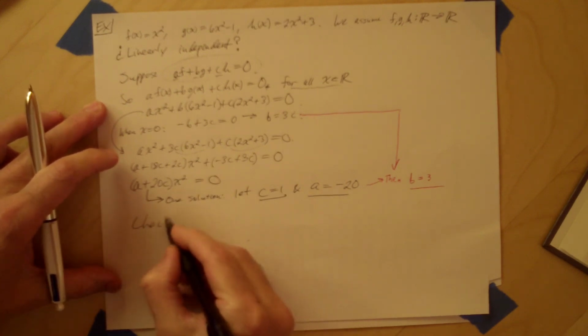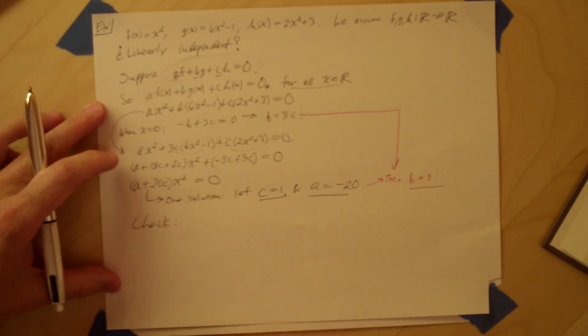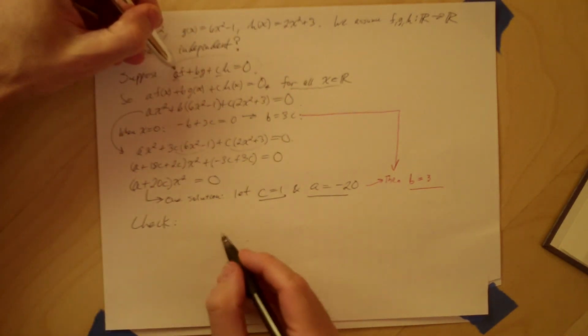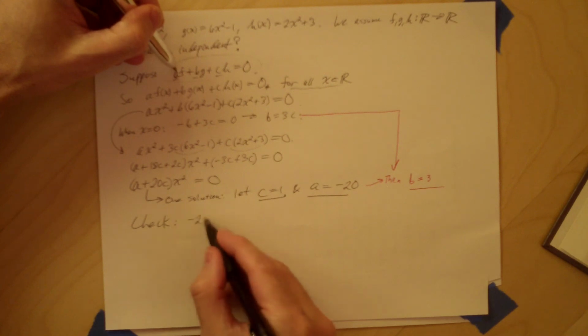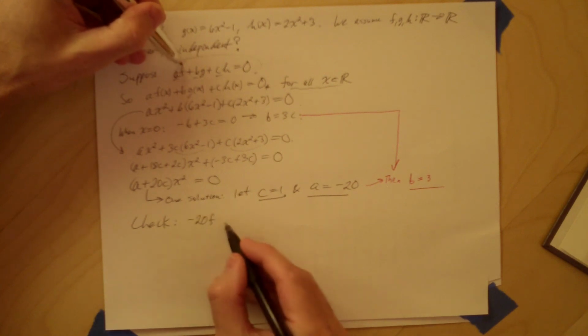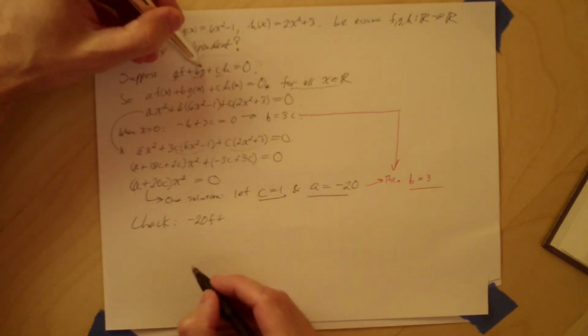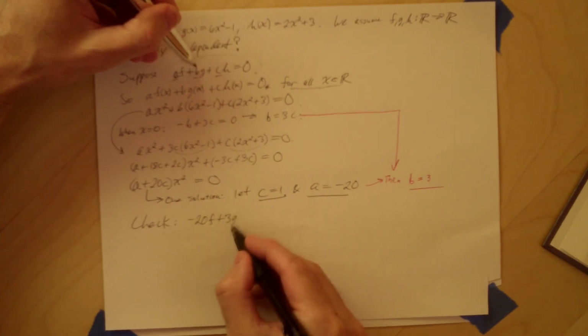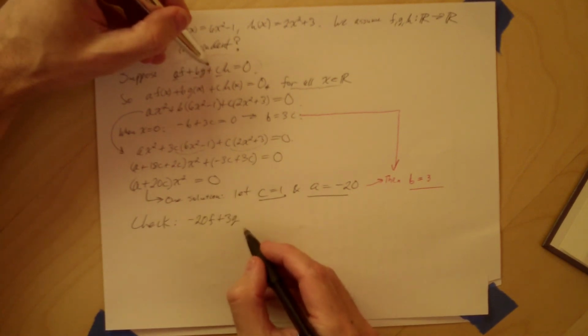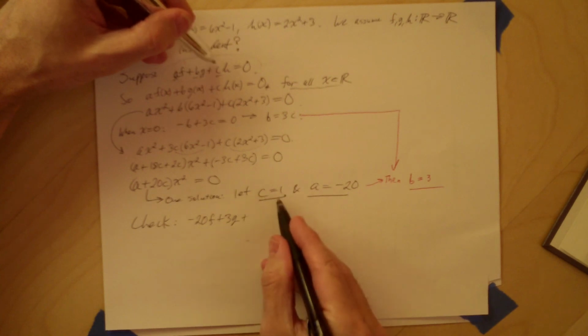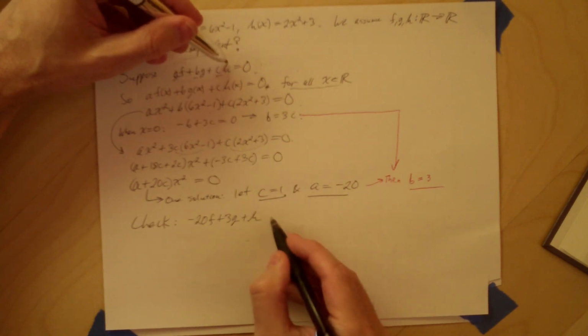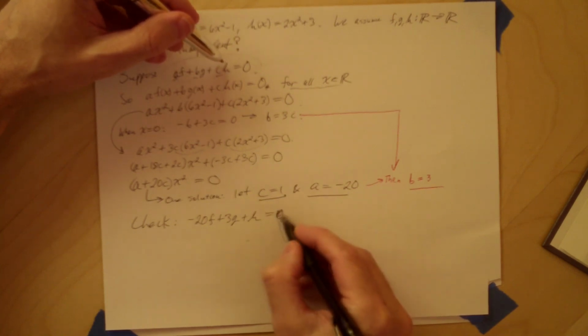You can check this out. a is negative 20 times f plus b's 3 times g plus c is 1 times h, is, we don't know, it's equal to 0.